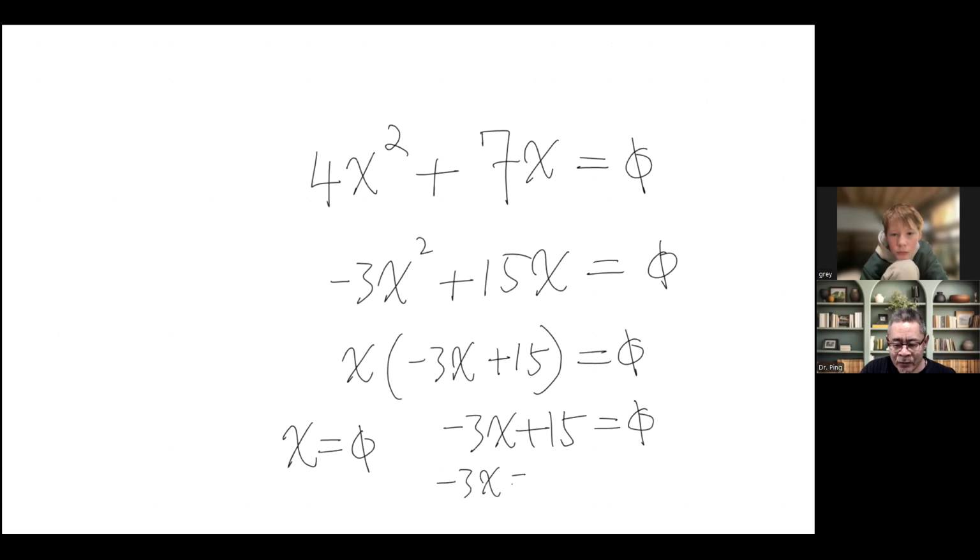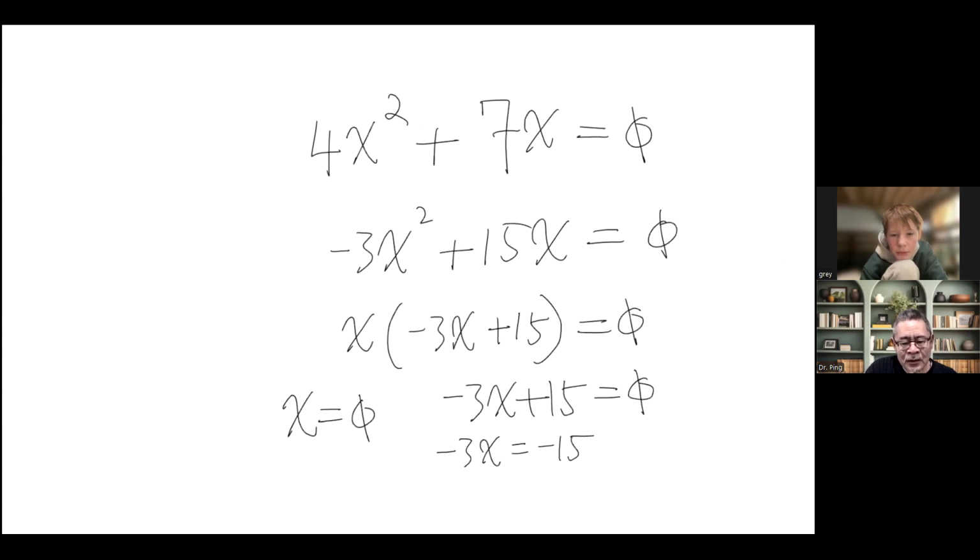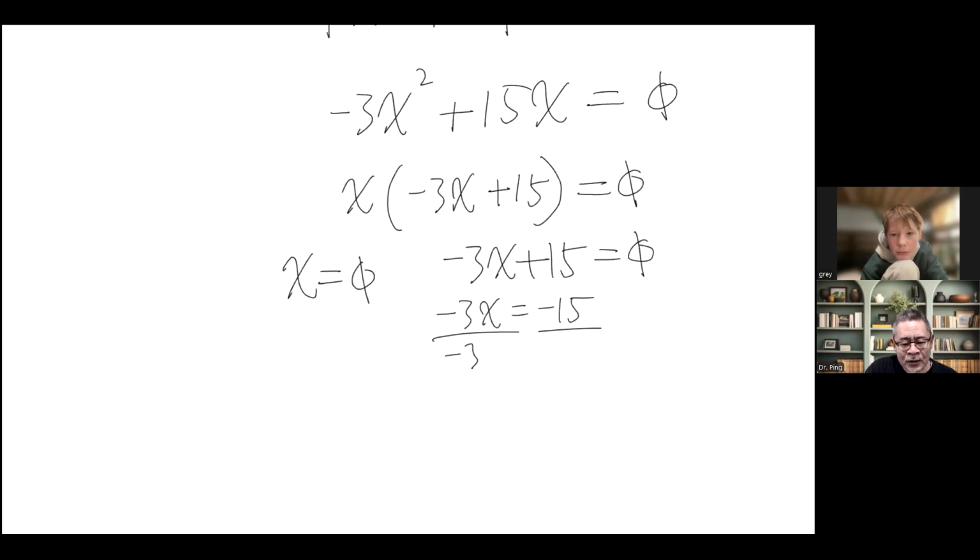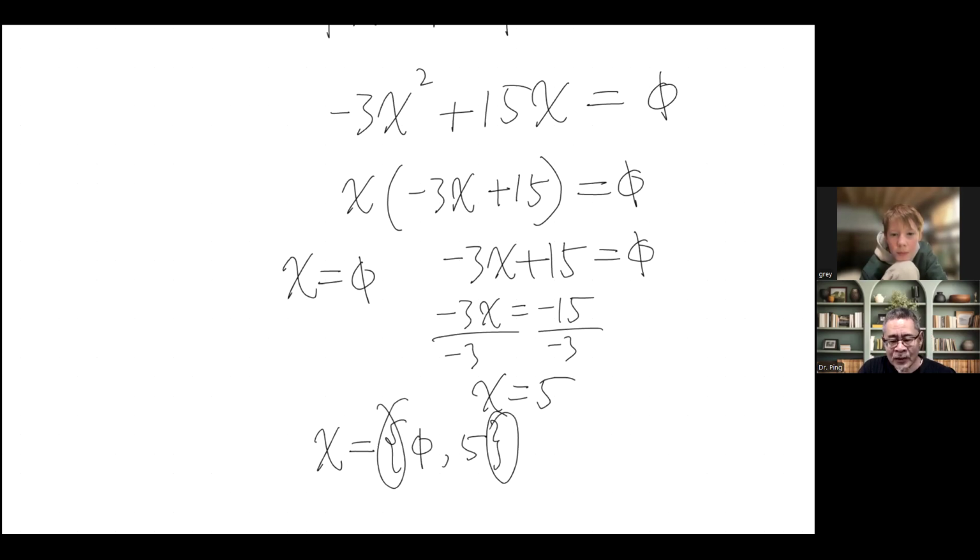Then we divide by negative 3 on both sides. Then x is 5. So therefore, we have x is equal to 0, comma, and 5. Yeah. Okay. Don't forget those two things there. We good on this one?